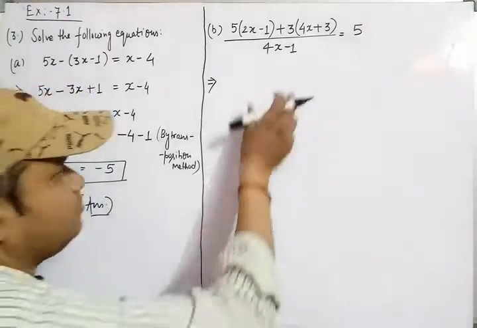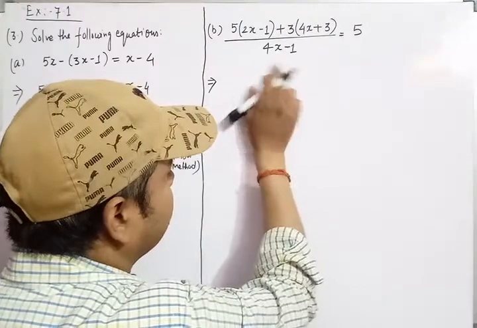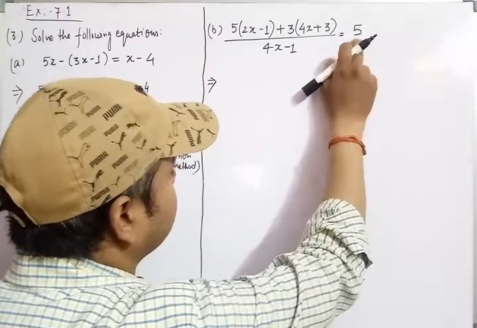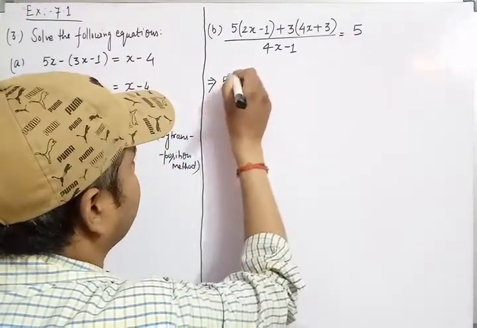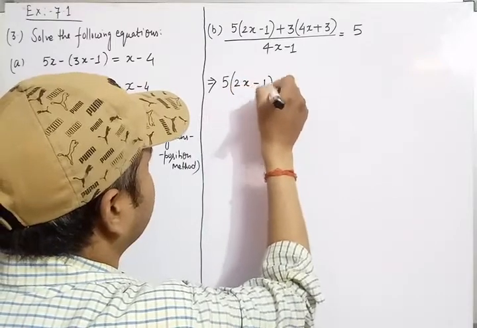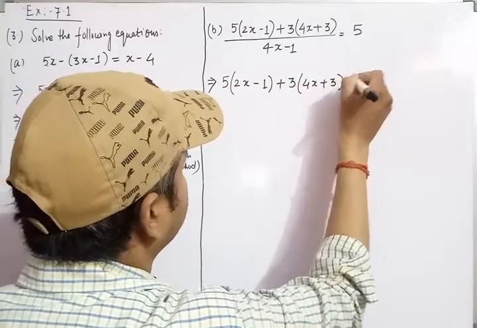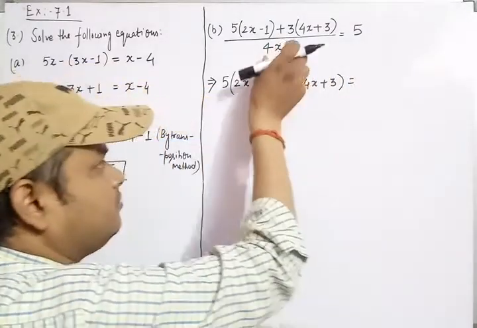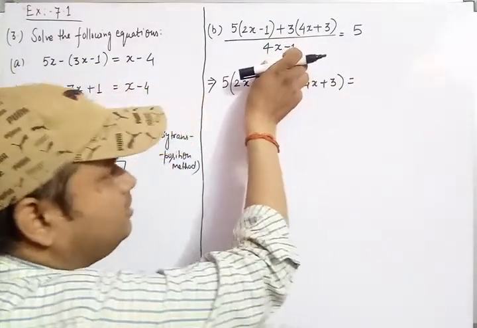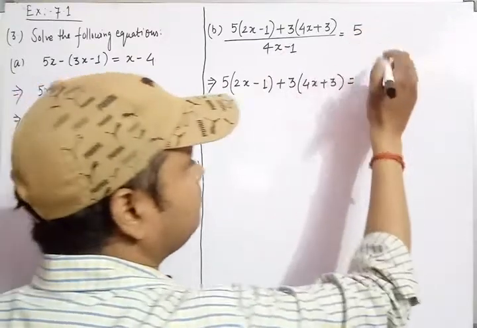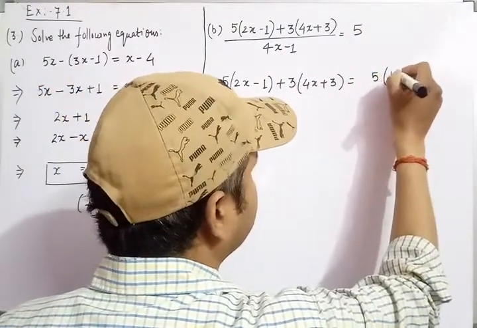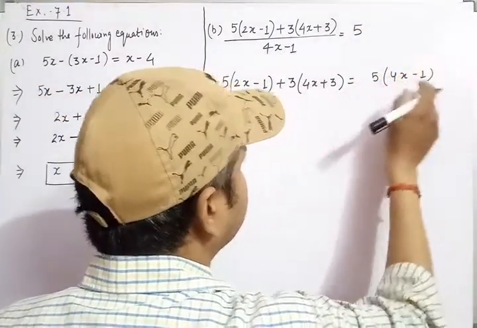So you have to multiply this denominator by this number. We can write 5 into 2x minus 1 plus 3 into 4x plus 3, and here you have to multiply this algebraic expression by this number, so we can write 4 into 5 into 4x minus 1.